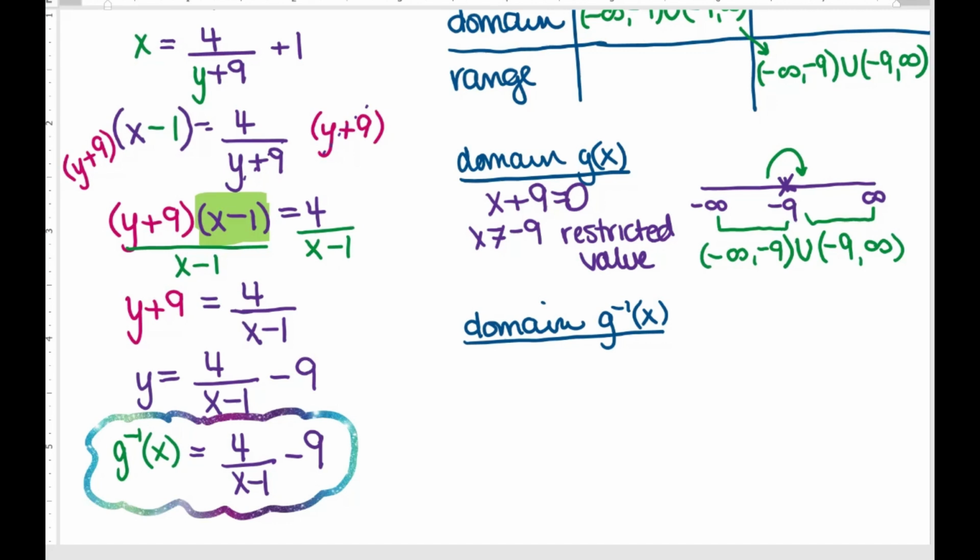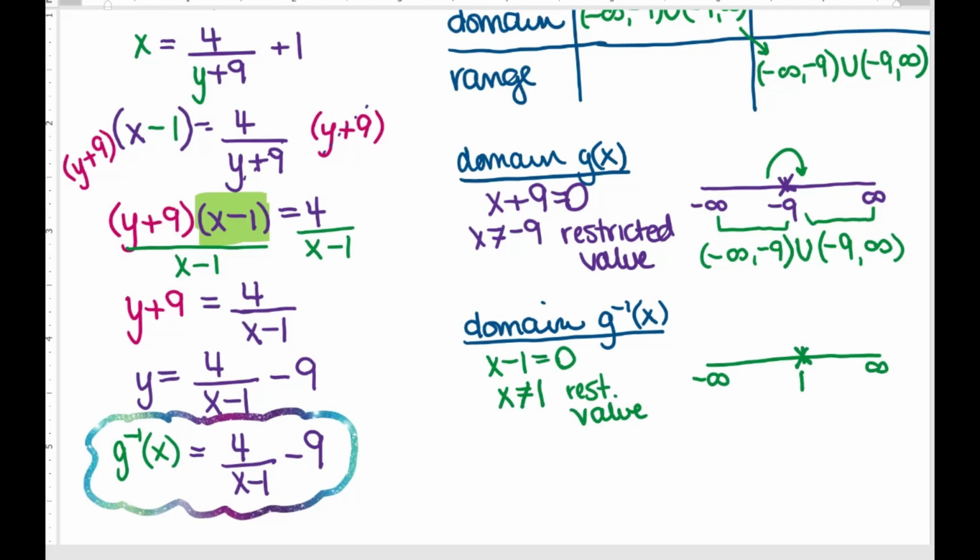We need to take that denominator, set it equal to 0 to find our restricted value. We find out that x is equal to 1 is our restricted value, which means that we cannot include 1 in our domain. If we were to include 1 in our domain, we would have an undefined piece going on for our function, and that's just not cool.